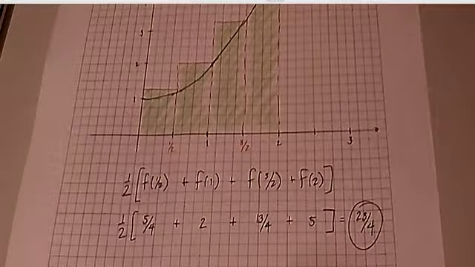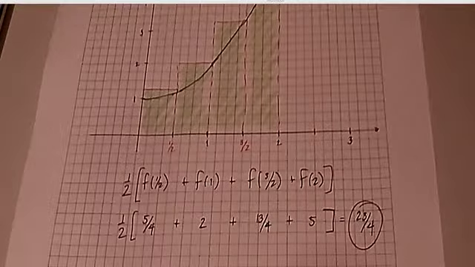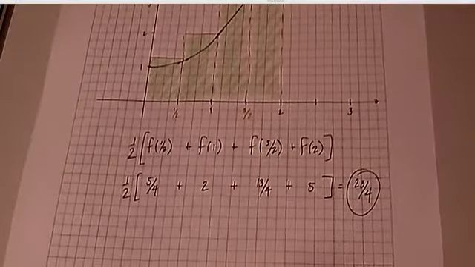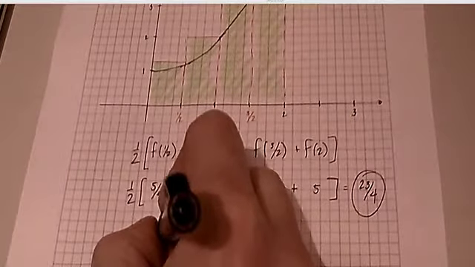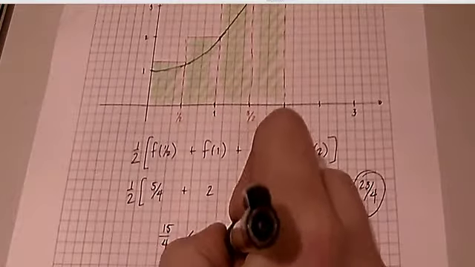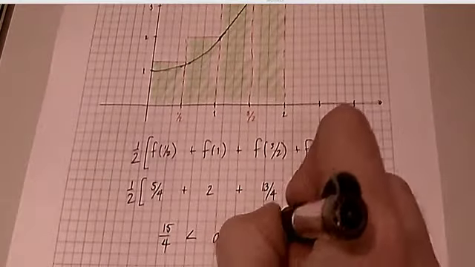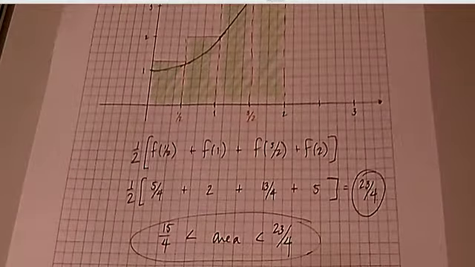This is 23/4. So the left-hand Riemann sum was a little less than 4. And this is a little less than 6. So we know that the actual area is going to be somewhere between 15/4, which was an underestimate, okay, and 23/4, which was the overestimate. Okay, that's going to be very, very helpful.